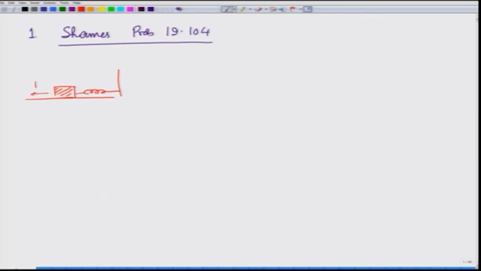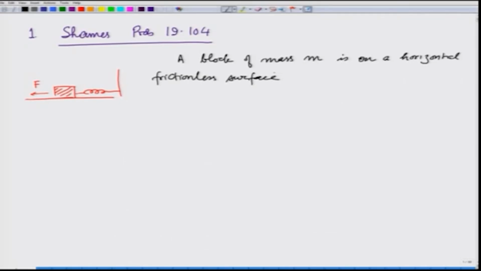It says there is a block of mass m which is pulled by a force F, and the problem states that a block of mass m is on a horizontal frictionless surface attached to a spring on a wall.